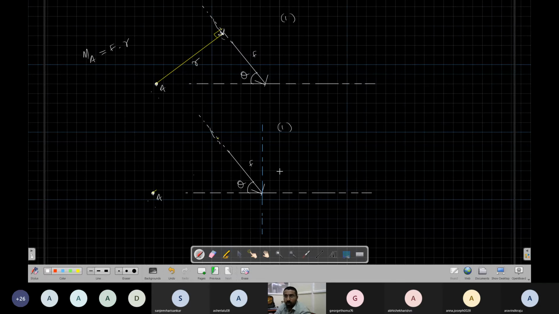Okay, so it has two components. These two components I will write as F sin theta here, and F cos theta here. So this is the same as if I write it like this.